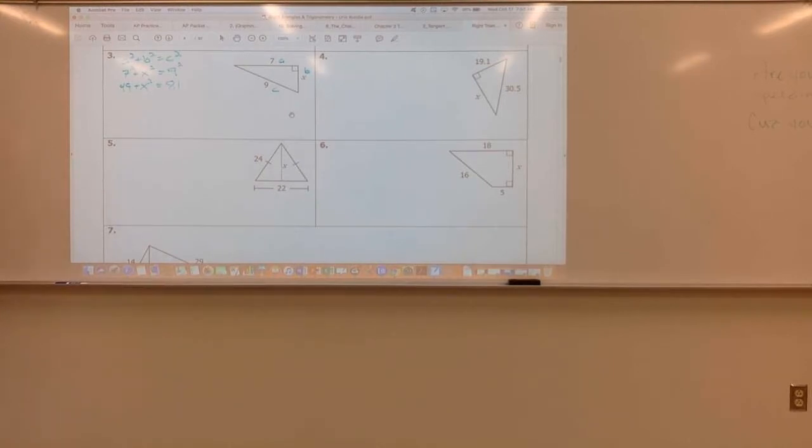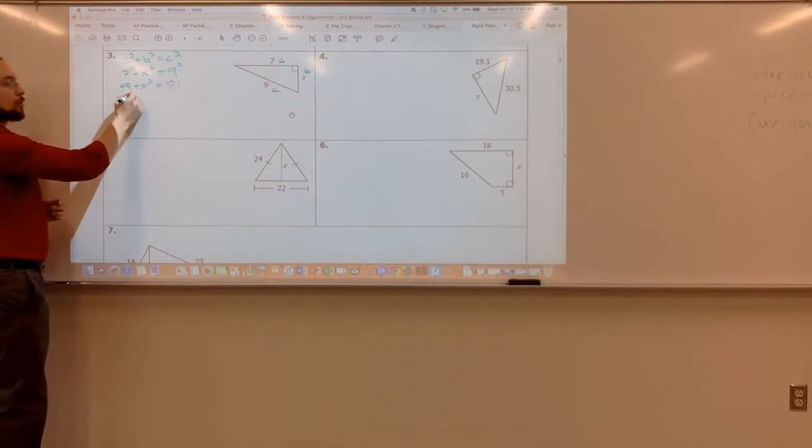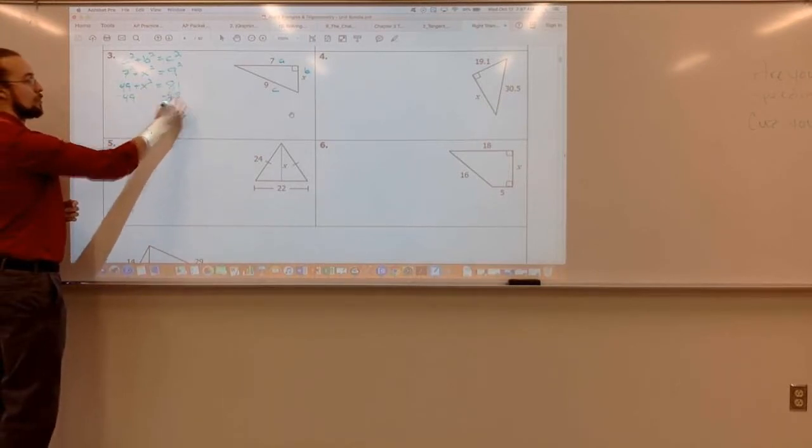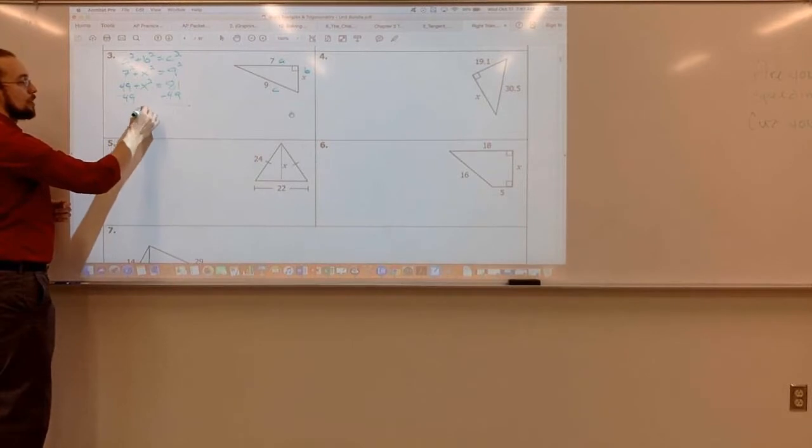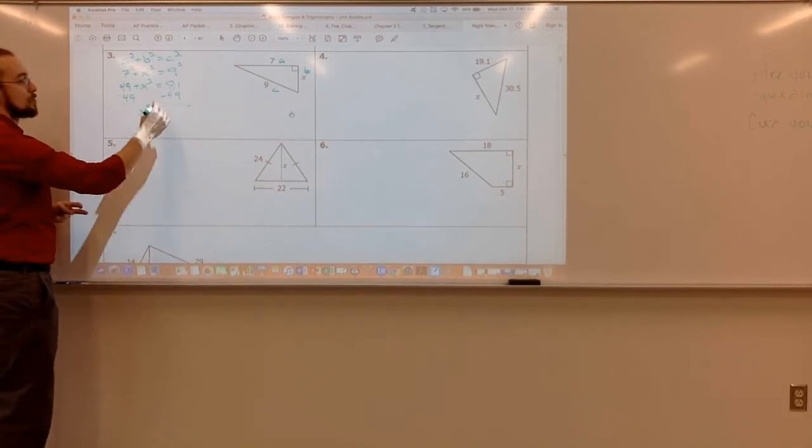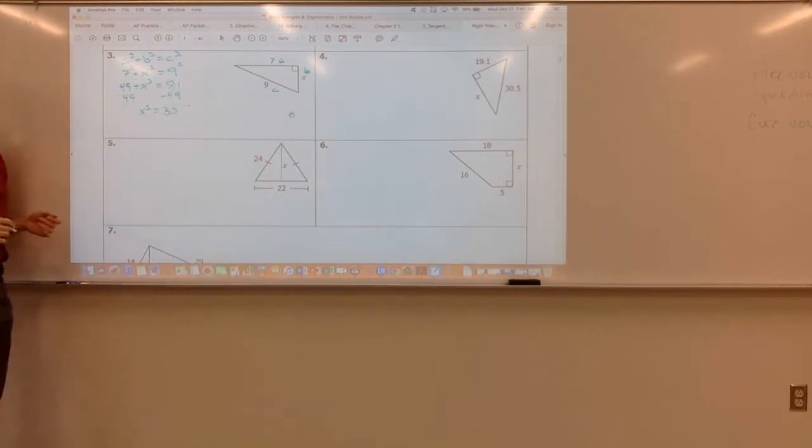Now, how am I going to get X by itself? This is a tiny bit different than the last problem. You want to subtract 49 from both sides? Exactly. We subtract the 49 over to the right side, so we get X squared equals 32.